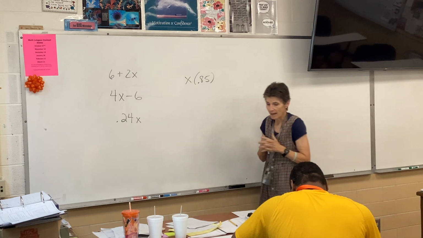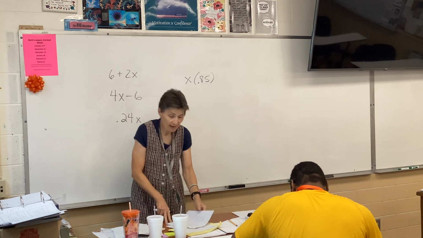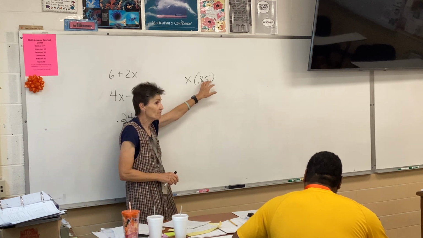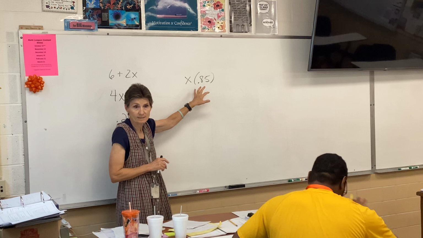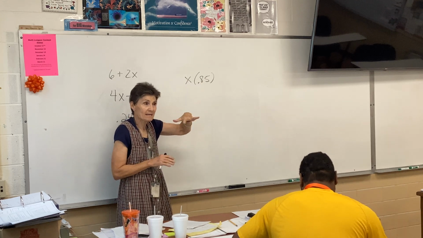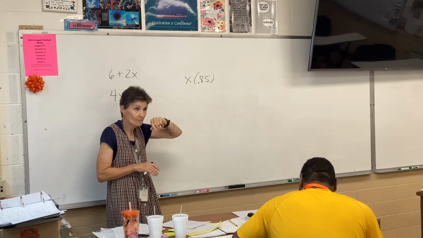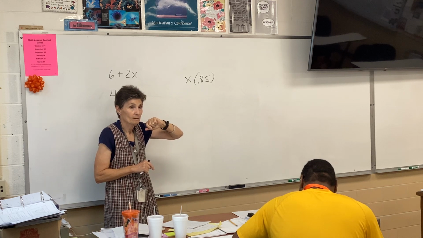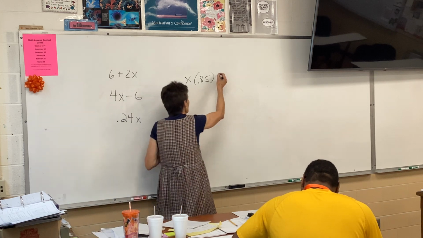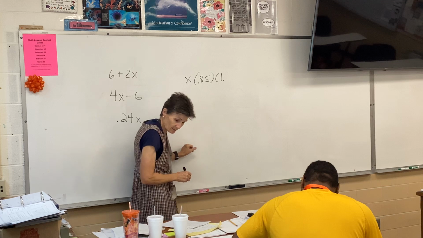Okay? Now, in addition to that, I have to pay tax. So I go in to buy my jumper, I'm going to pay 85% of whatever it costs, $6. But then I have to pay tax when I get to the checkout. How much is my tax? 7%.